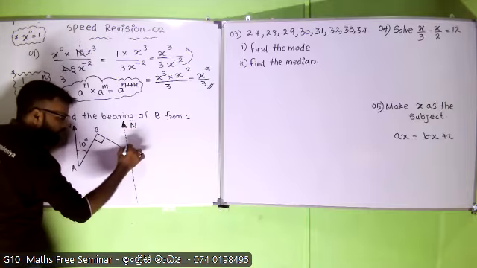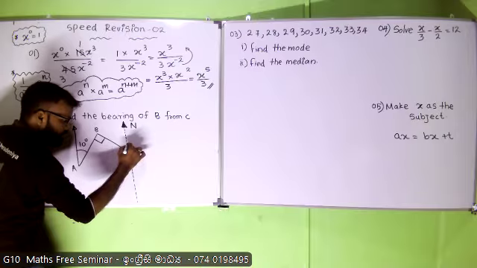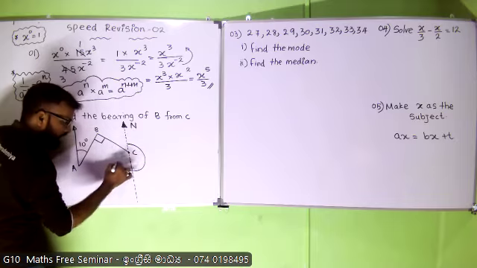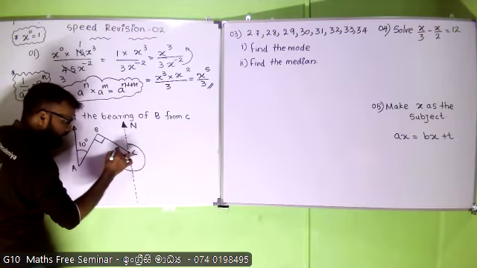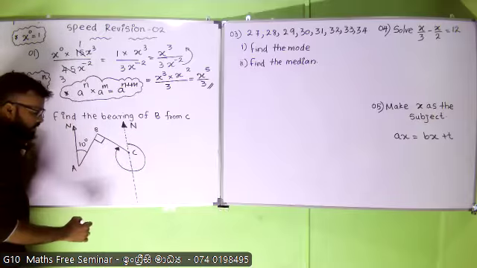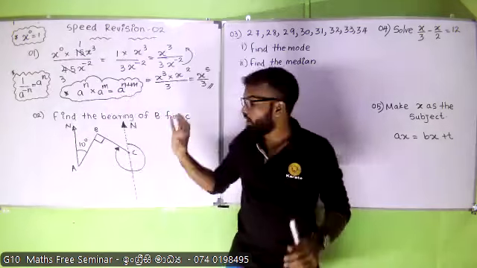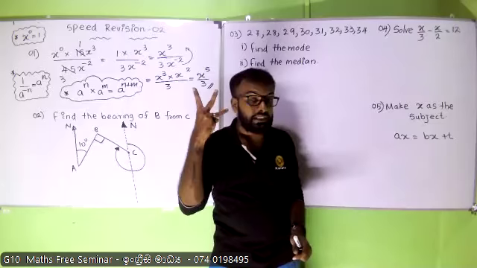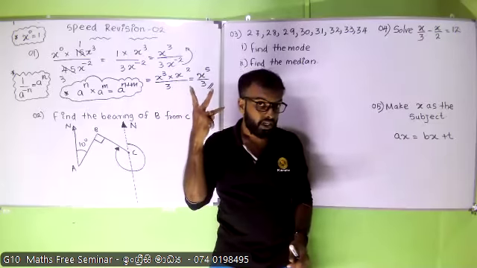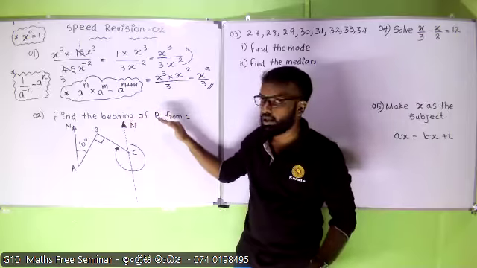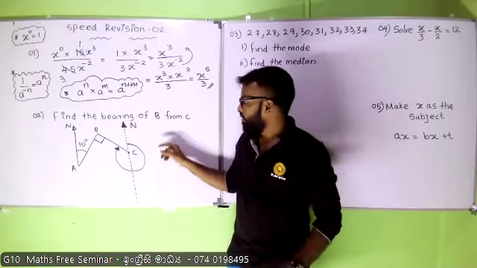So bearings can be written like this. If you get this reflex angle, the magnitude of this reflex angle is the bearing. When you are writing the bearing, you need to represent the answer in 3 digits. 3 digits, when you are referring to bearing.